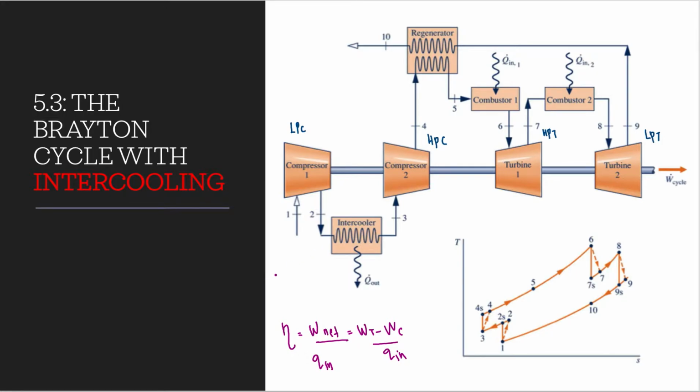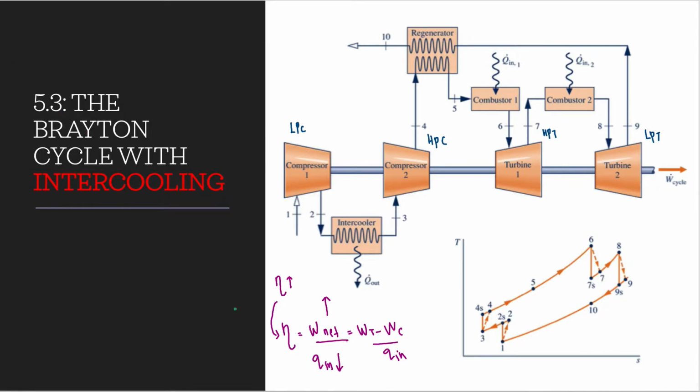Before I proceed, I just want to let you know that the objective of improving the Brayton cycle is increasing thermal efficiency. If we look at the formula of thermal efficiency, it is given as W net over Q in. So by right, we have to increase W net and reduce Q in.